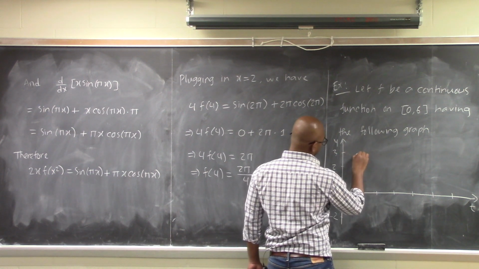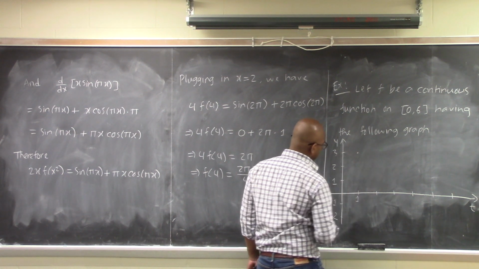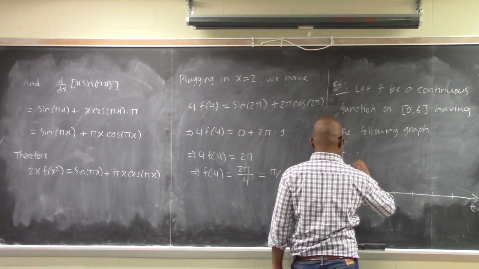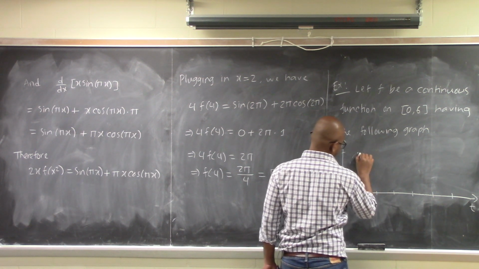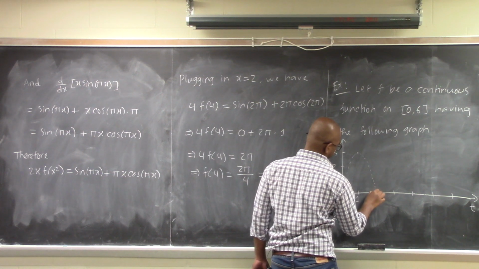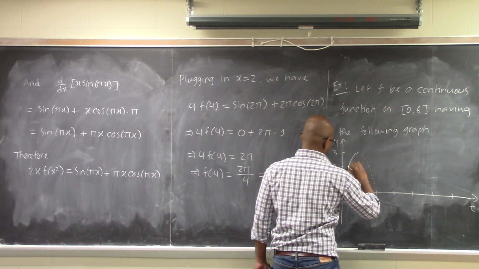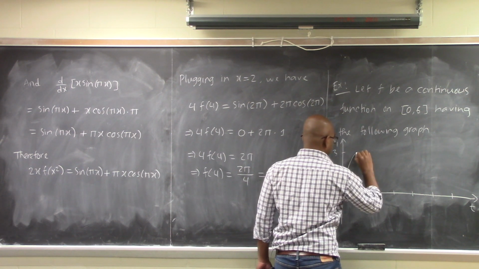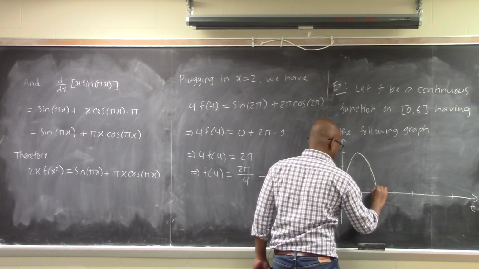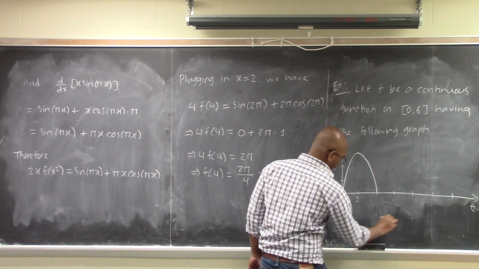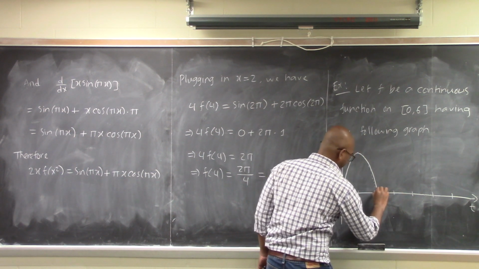So at 1 we have a local max. f of 1 is 3, and then f of 2 is 0. So it looks like this, and then at 3 it has a local min.